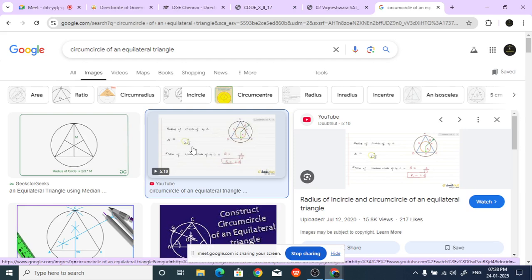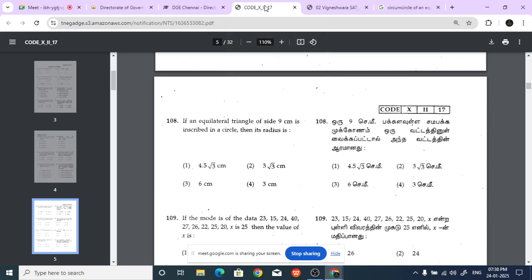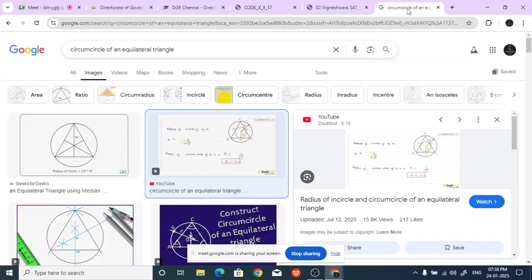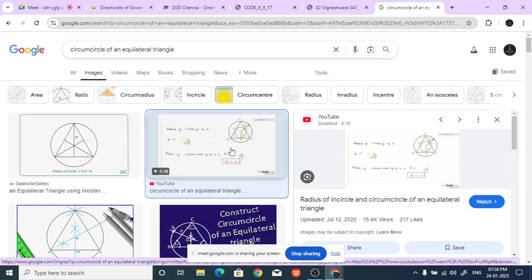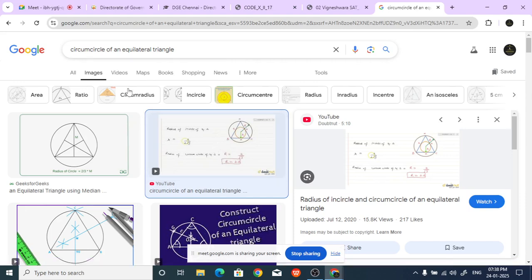Let me see what is asked actually in the question. If an equilateral triangle of side 9 centimeters is inscribed in a circle, then its radius is. So they are asking the circumradius, not the inradius. That is big R they are asking. What is the big R here?